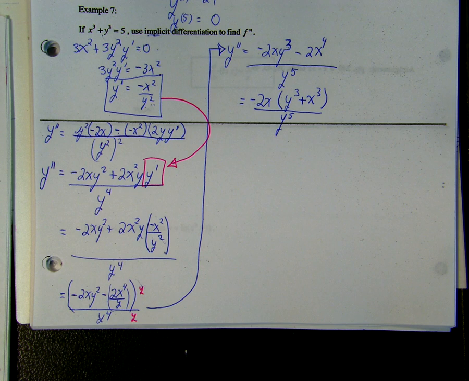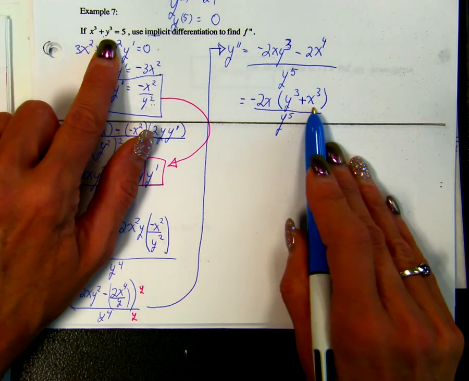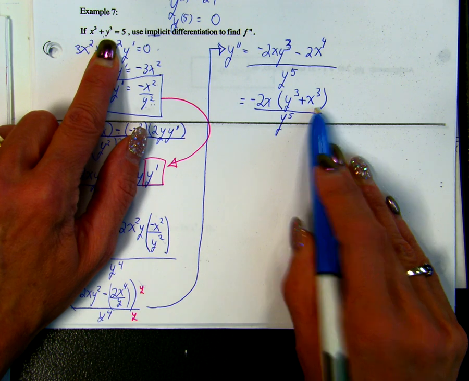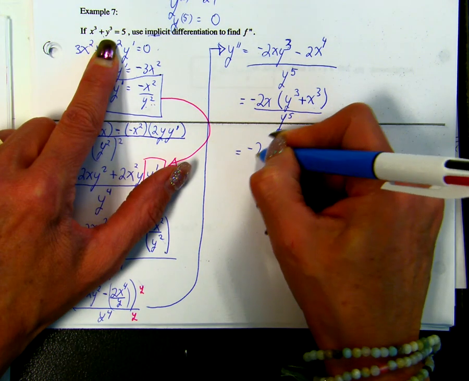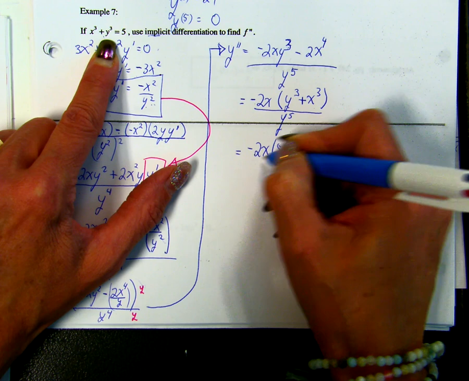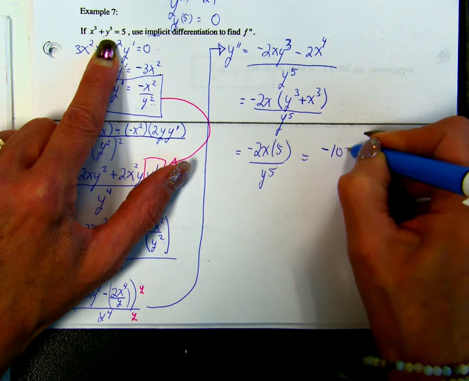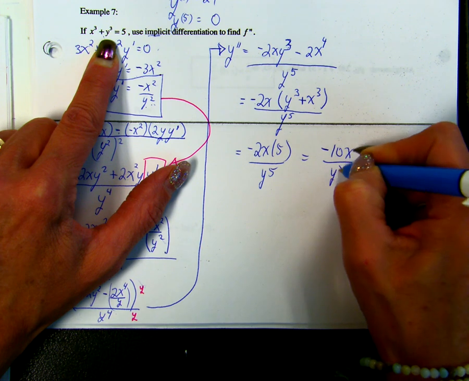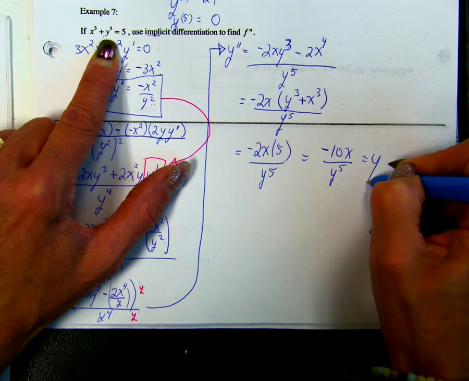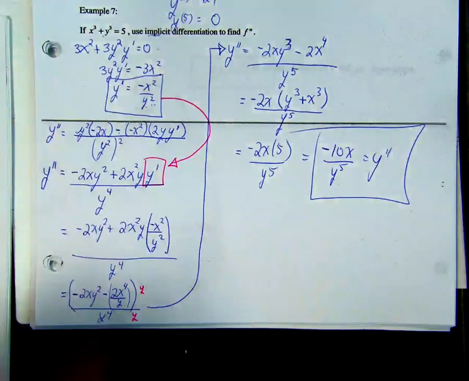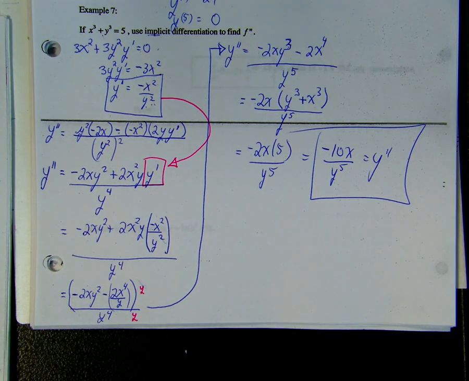I hear a few of you saying 5. Why are you saying 5? Because x cubed plus y cubed is just 5. So negative 2x times 5, which gives you, thanks, I needed that. And what is this? Our second derivative. Way easier than we thought it was going to be.